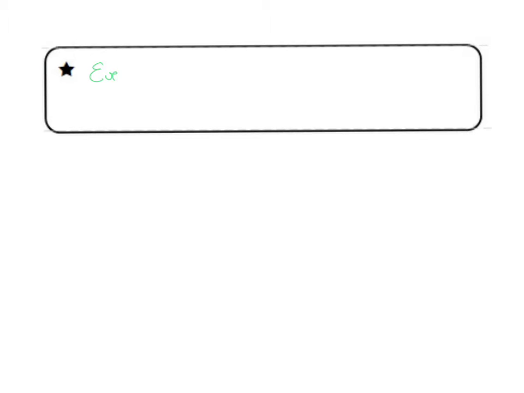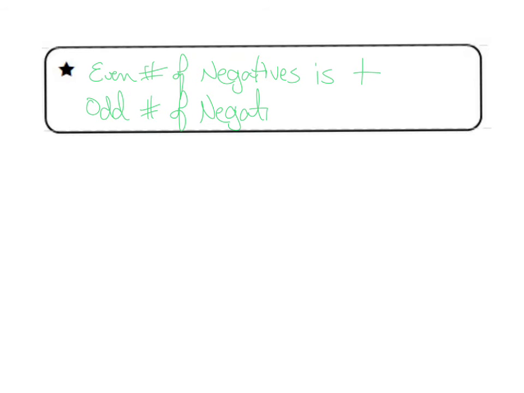So an even number of negatives is positive, which means an odd number of negatives is going to be negative.